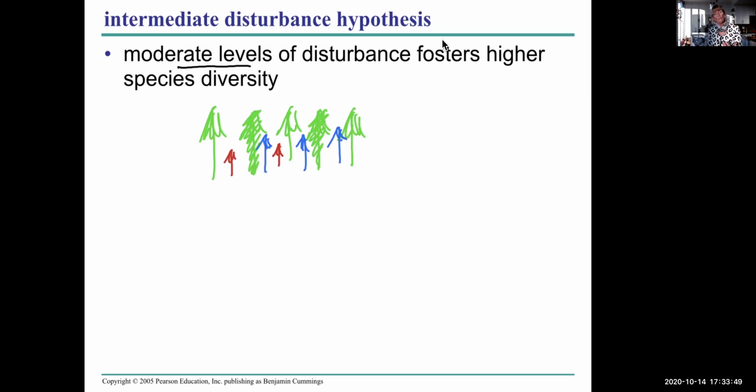So now you have more species diversity. That's called the intermediate disturbance hypothesis. That means not a huge disturbance like a fire that will wipe everything out, but small disturbances that occur periodically.